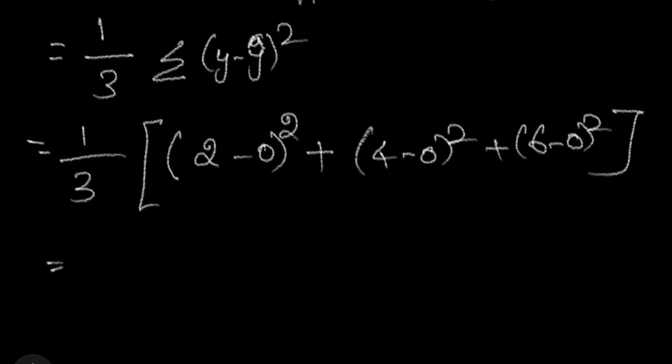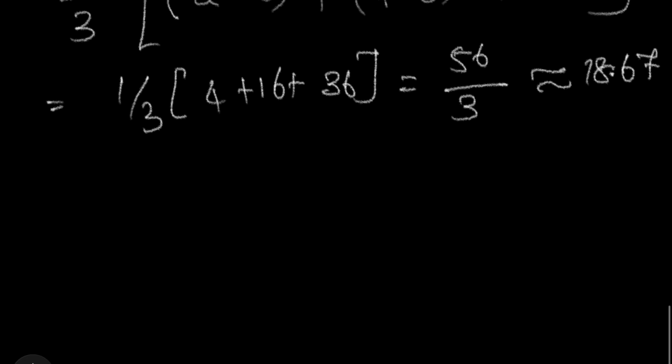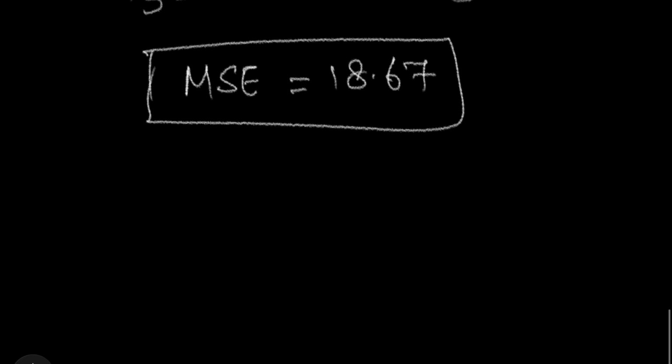If I calculate this, I get 4 plus 16 plus 36, which is 56, divided by 3, which gives us 18.67. So the mean squared error value for the given sample is 18.67. This is the error rate.